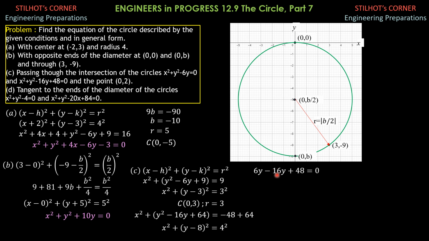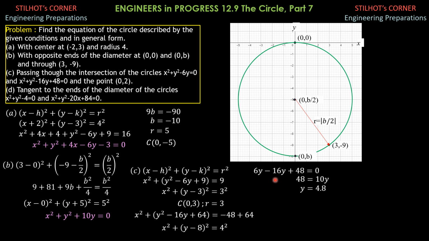So by substituting x squared plus y squared equals 6y into this equation, we get 6y minus 16y plus 48 equals 0. So 48 equals 10y, so y is 4.8.